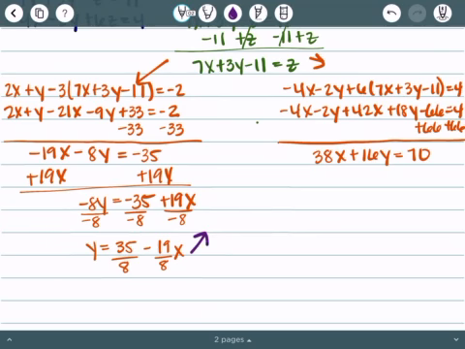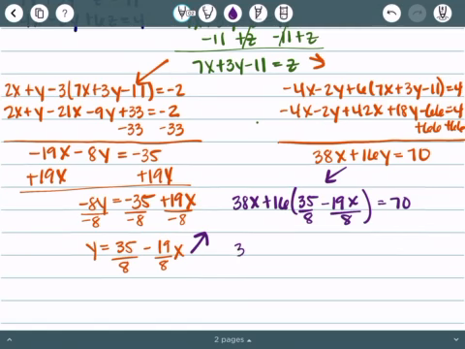So I'm going to plug this in over here to make the fourth corner of my diamond, and I have 38x plus 16, but instead of y, I'm going to put 35 over 8 minus 19x over 8 equals 70. So I have 38x. Then I multiply by 16, so my 8s are both going to cancel with my 16 and give me 2.